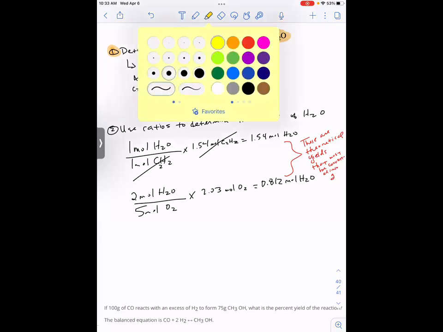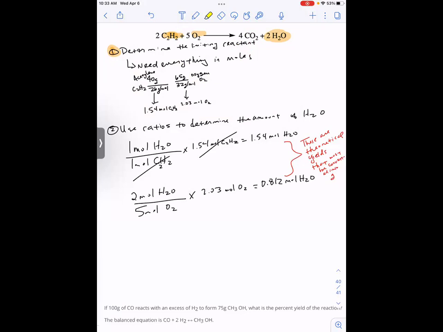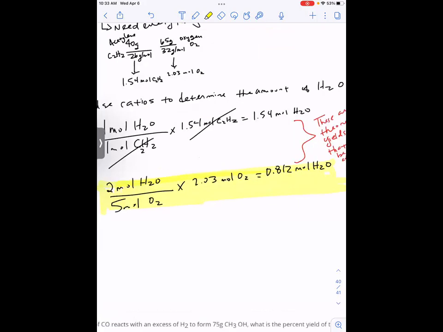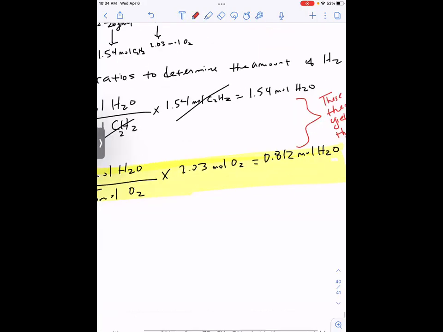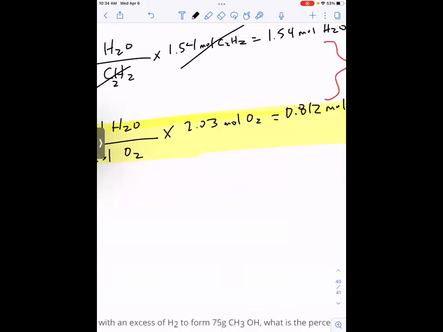If we're comparing the molar amounts, oxygen is limiting. Is that right? Because it gives us the least amount of product.